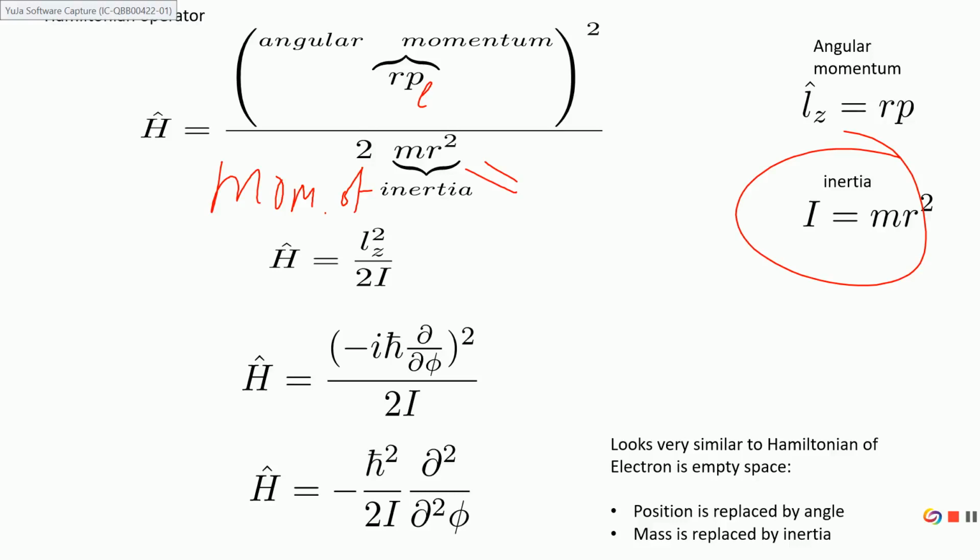In rotational motion, the same analogy. Angular momentum is the measure of motion. Mass times r squared is called moment of inertia, a measure of inertia: how much energy you need to apply to stop this motion. And it is typically denoted with the letter I for inertia.